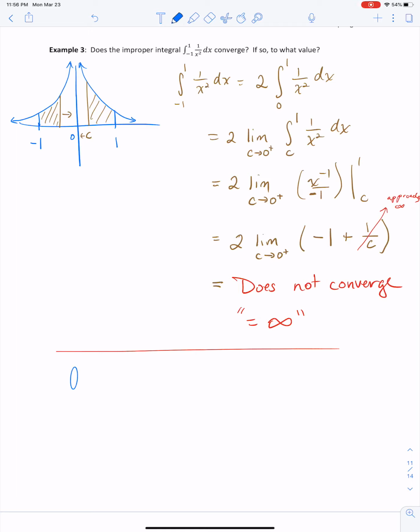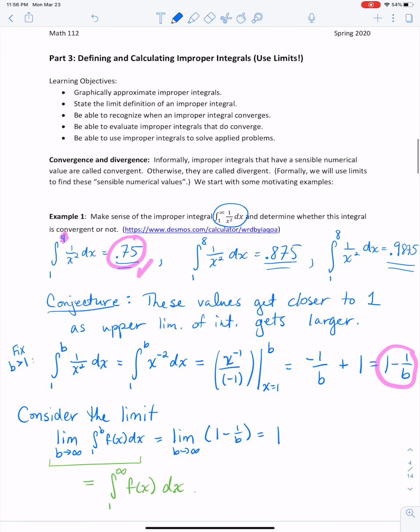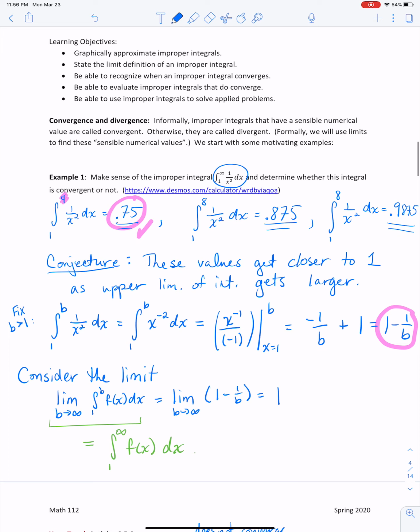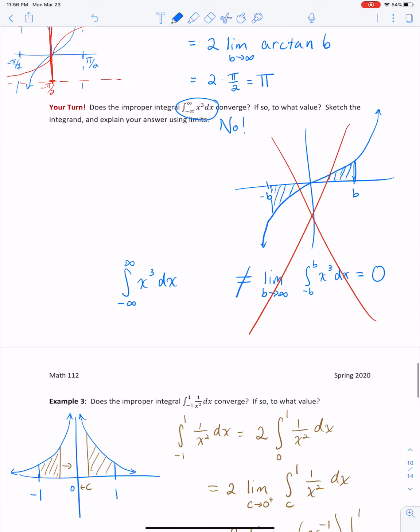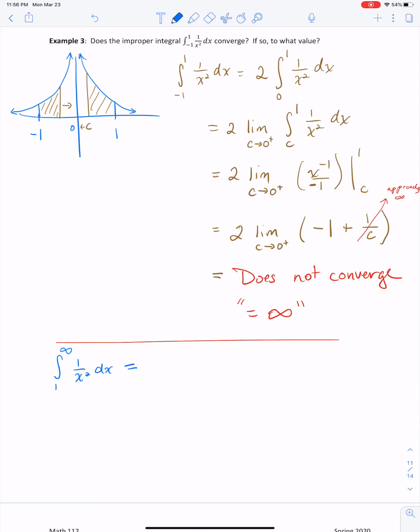If you recall, we had the integral from 1 to infinity of 1 over x squared dx converge. We computed this way up here, and we found that this integral was equal to 1. That was our very first example.